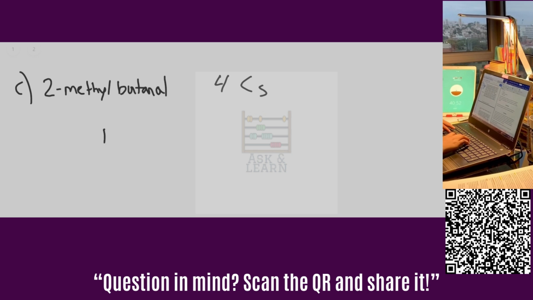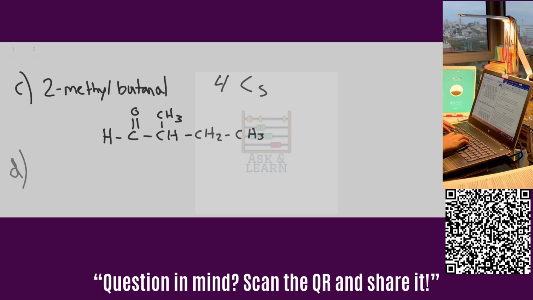So we can go ahead and draw that on the left side now. We draw in our aldehyde, we draw in our carbon, which should have the methyl group, and then we continue on with the rest of our carbon chain. And that's the structure for part C.